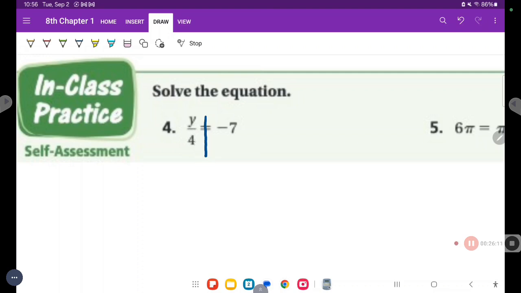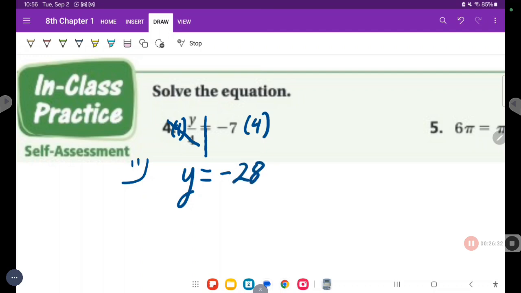So the opposite of divide is to multiply by 4, but you have to do it on both sides. So that cancels out. So now y is all alone. And what is negative 7 times 4? That's right, it's negative 28.